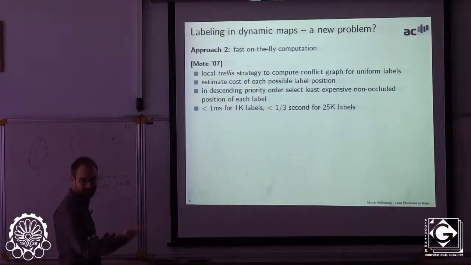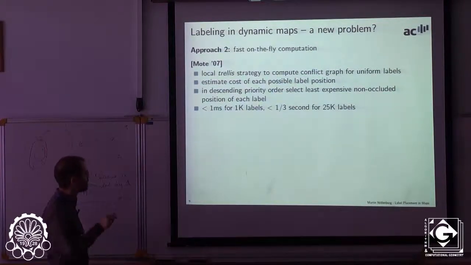So it's a greedy strategy using priorities and these cost values. And this can be implemented pretty fast. In less than a millisecond, for like 1,000 labels in the map, you can do that. And this was 2007, so with today's hardware, it's even better.